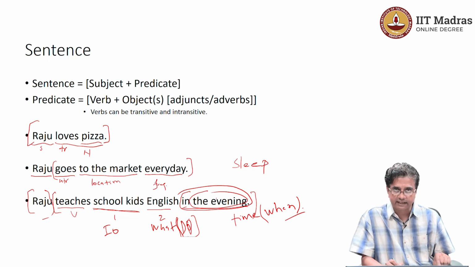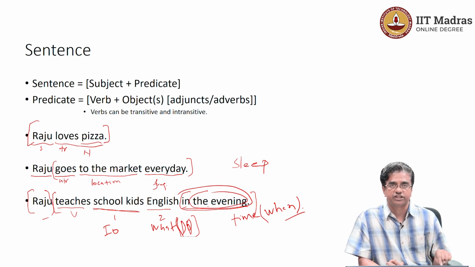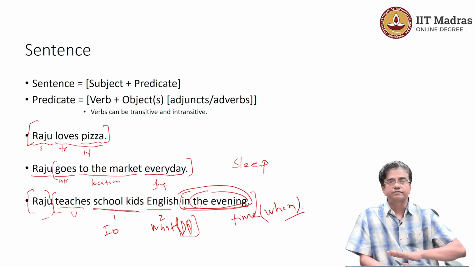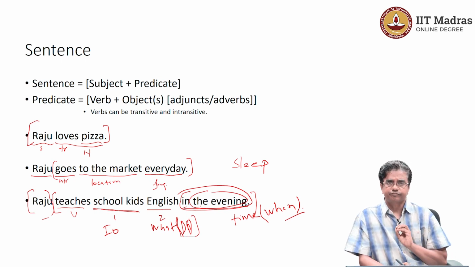So this, in a very direct way, is giving us information about the time of teaching. Hence, it's a modifier of a verb, and hence an adjunct or an adverb. So these couple of examples would give you an idea about the different components of a sentence.